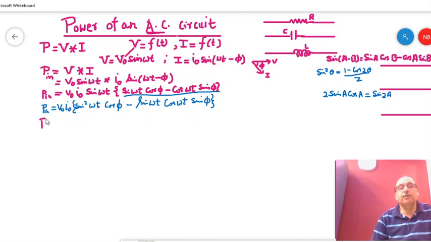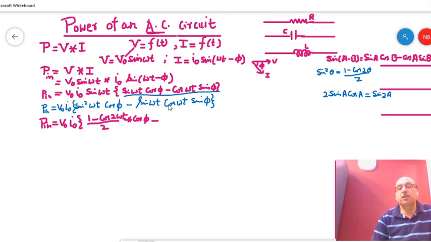So P instantaneous is equal to V naught I naught into sine square omega t, which may be written as 1 minus cos 2 omega t by 2, into cos phi, minus sin A cos A is equal to sin 2A divided by 2.